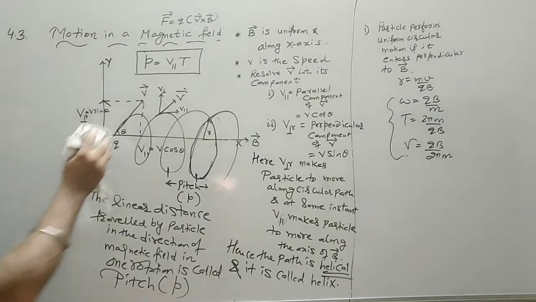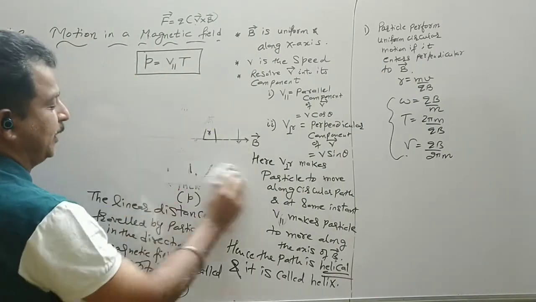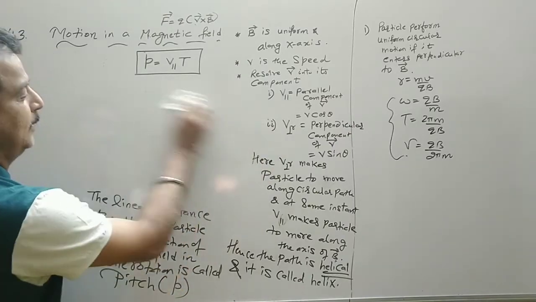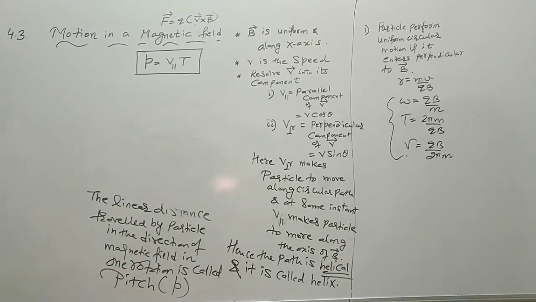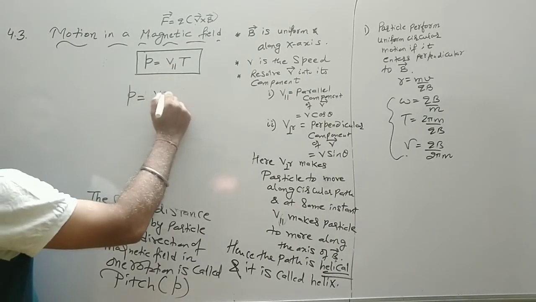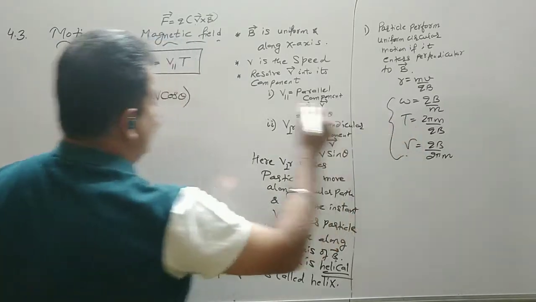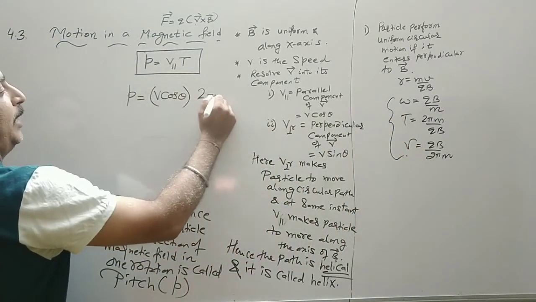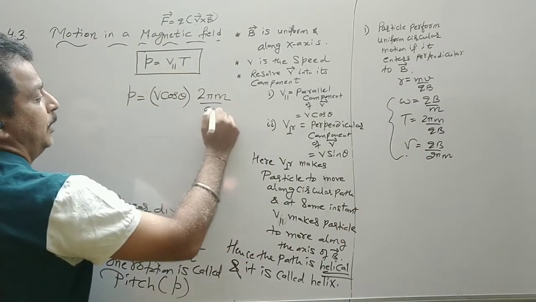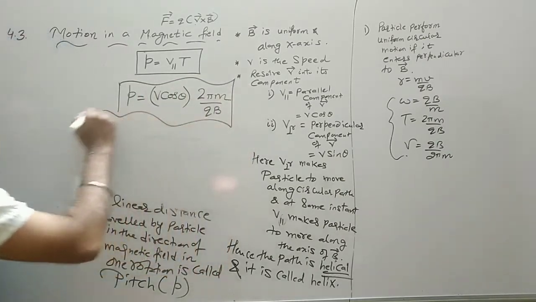So the pitch formula, now you have to remember such a path is called a helical path. So now pitch is equal to v parallel into T. V parallel can be written as v cos theta, and the periodic time is given by 2 pi m upon qB.